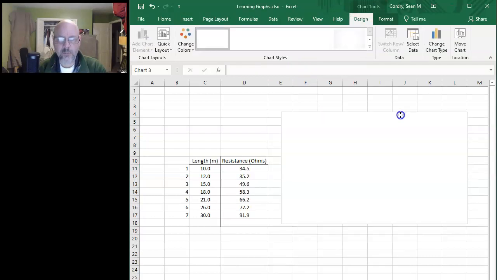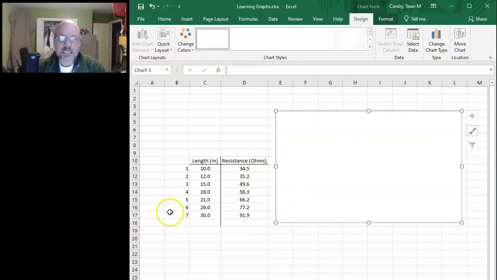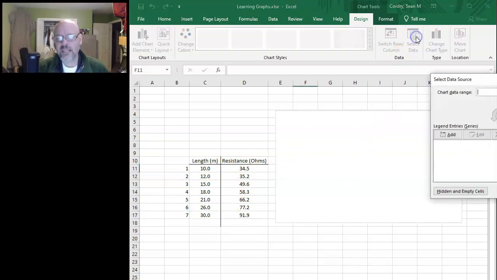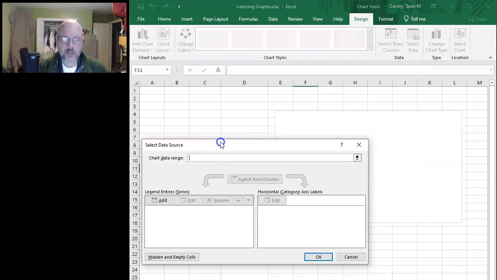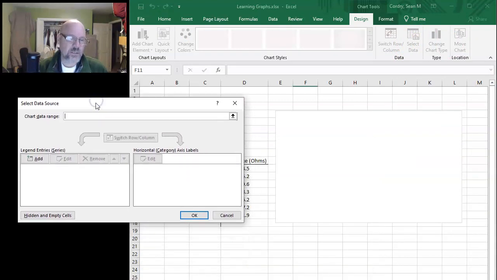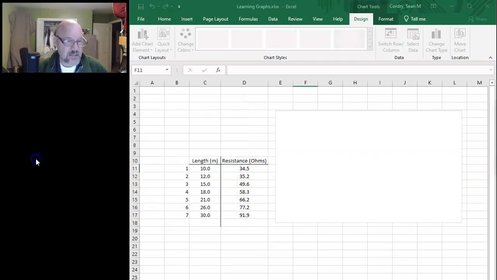Yeah, that's what I wanted, a blank chart. By putting my cursor off of here, I got a blank, which is what I wanted. Now I've got to throw some data on there. So I'm going to come up here and select data. This is the data range. We could do it that way, but we're not going to. So we're going to add a series.